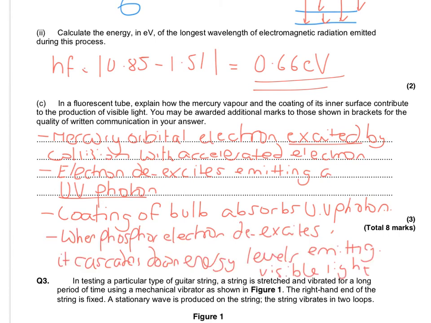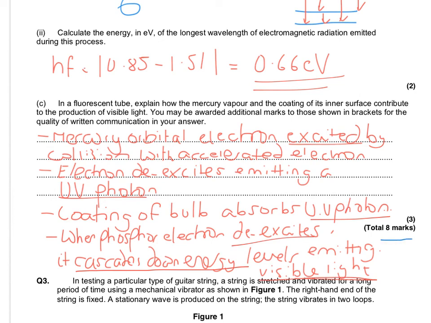So we've got the coating of the bulb absorbs the UV photon, and then when it de-excites, this is the process of taking multiple pathways back down to ground state, cascading down the energy levels, and it emits visible light. So just to quickly illustrate what cascading down the energy levels means.